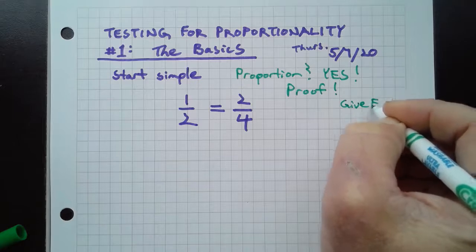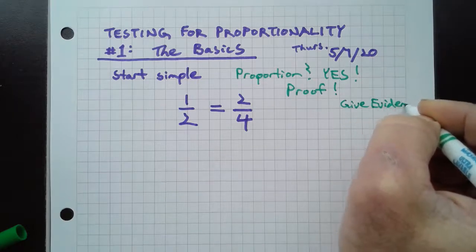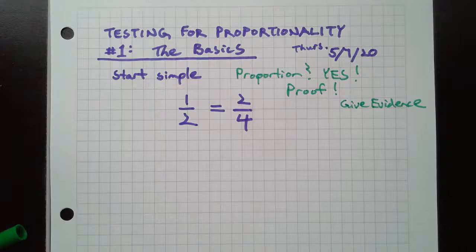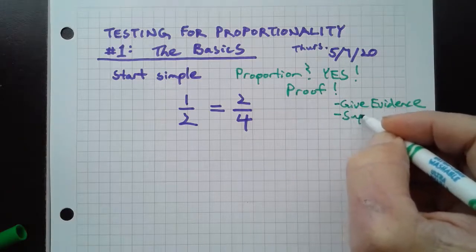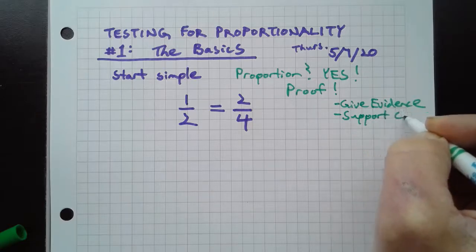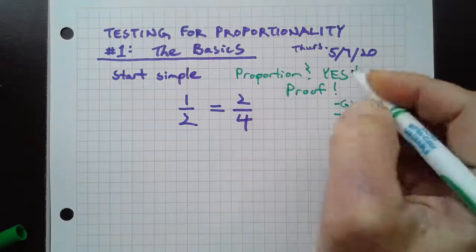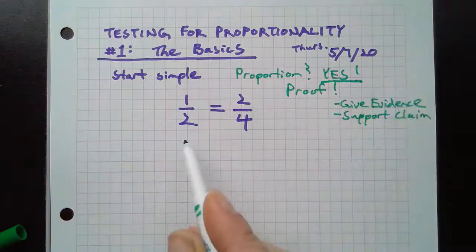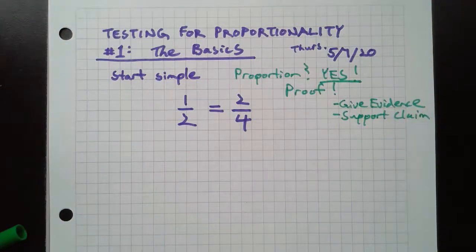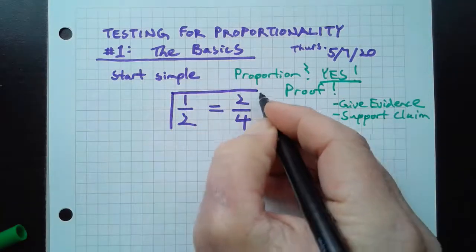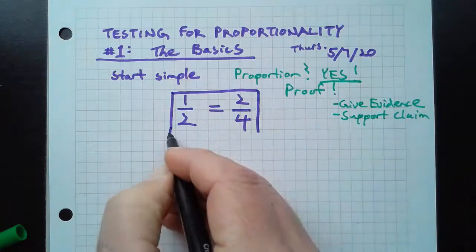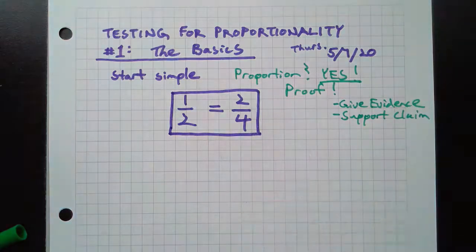There's lots of different language out there depending on what textbook or teacher you might have. Support your claim. Our claim in this case is yes, this is a proportional relationship. I'm going to put a box around it so it does not get obscured or blurred by all the other stuff we're going to add.